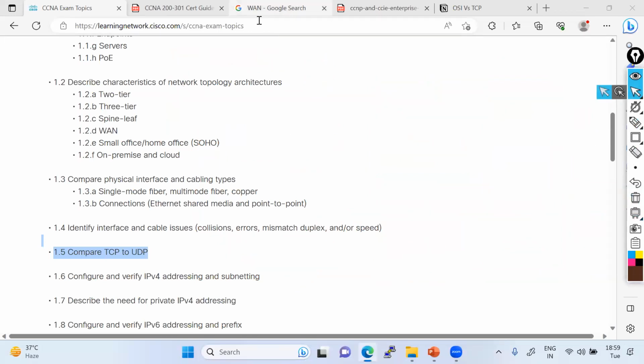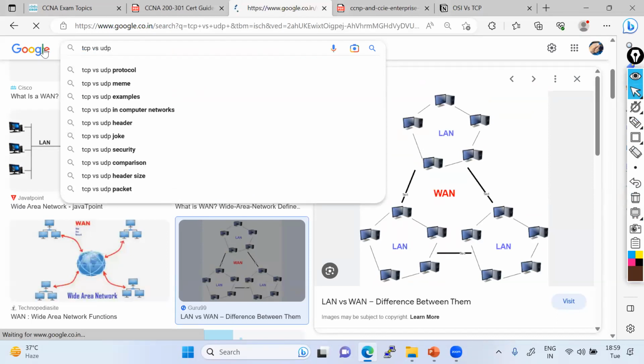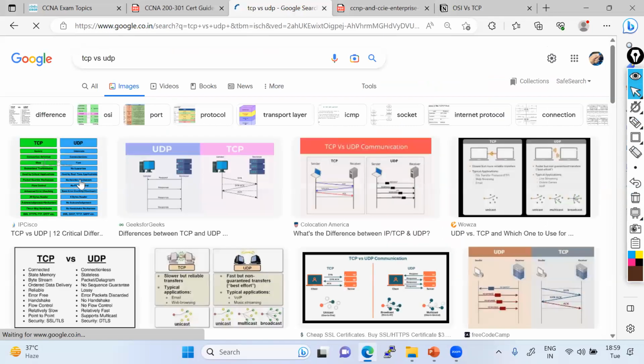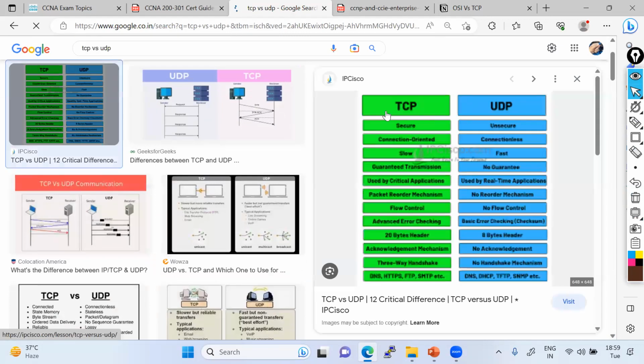If you go to Google and search for TCP versus UDP, you'll find a lot of things. TCP is very secure, connection oriented. UDP is connectionless, unsecure.